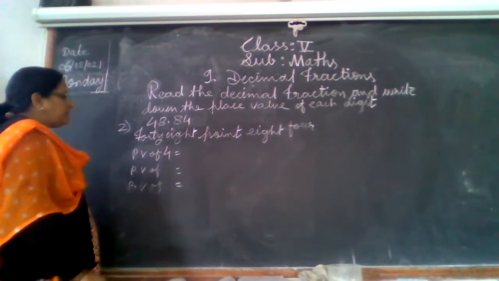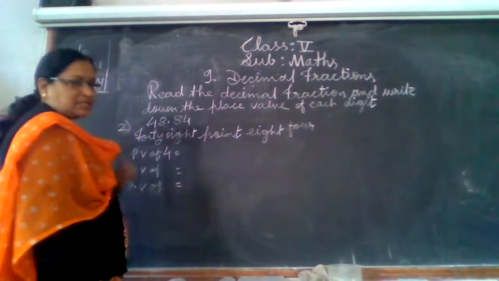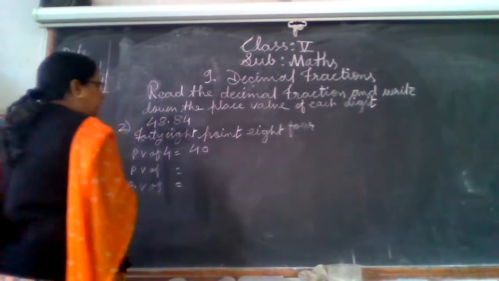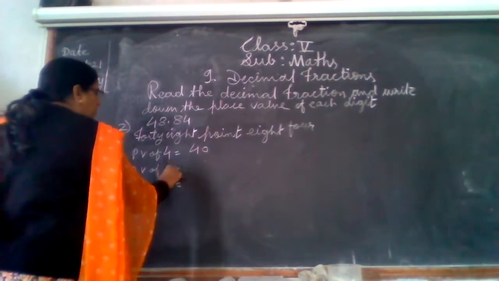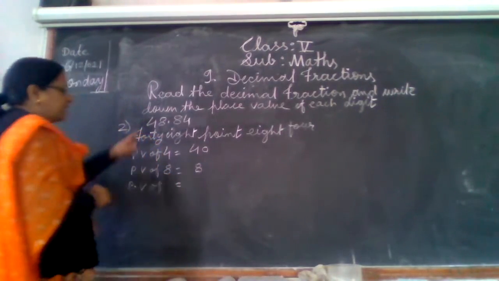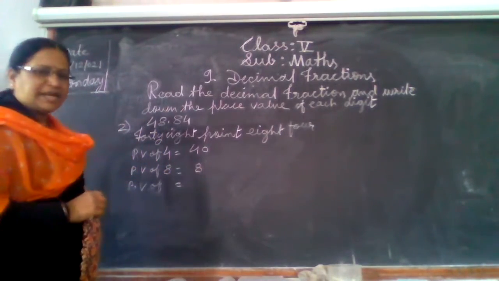So what is the place value of this 4? It is 40. 4 multiplied by 10 is 40. PV of 8 is here only 8. 8 multiplied by 1 is 8.